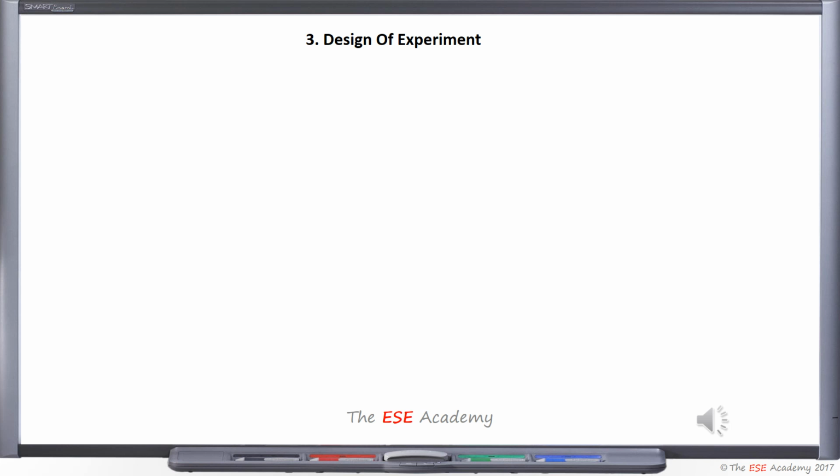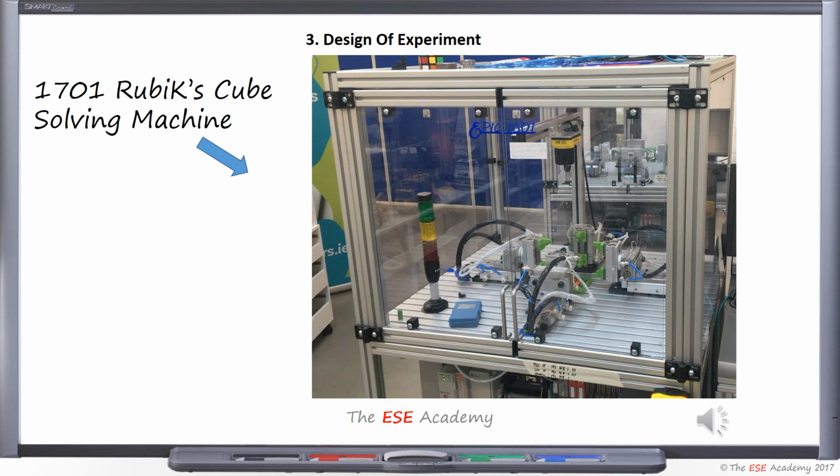To prove the hypothesis that by utilizing event classification, automated equipment can increase availability by 20%, an experiment was designed. Four pneumatic arms of a Rubik's Cube solving machine were used to prove the hypothesis.